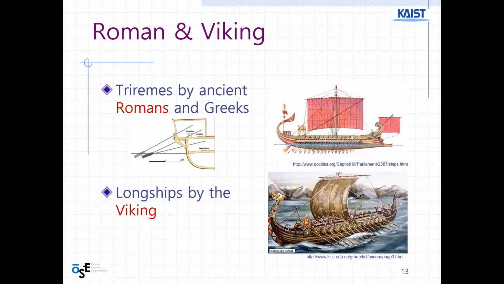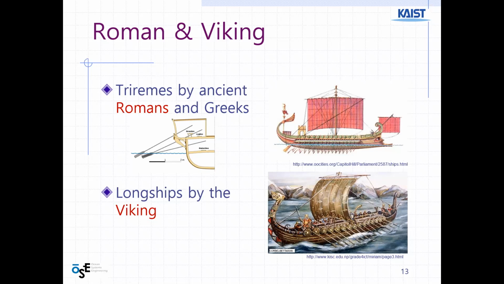And Roman and Viking. Triremes was a ship on the right-hand side, Roman and Greek. And also longships, the Viking ships. Looks similar, right? Rowing and sailing were the most important things too.